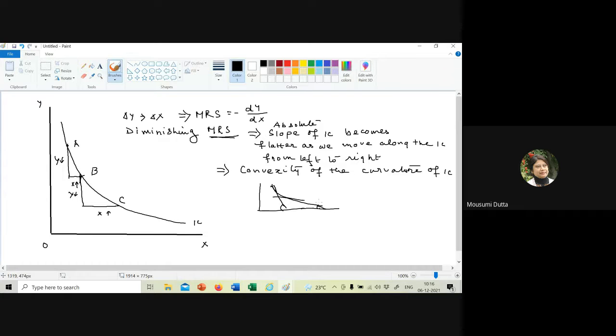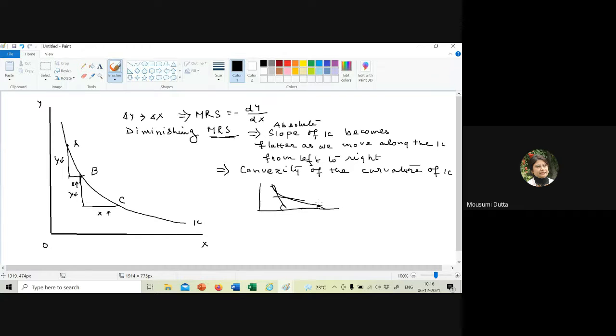However, there is a difference between A and B. At A, we consume more of Y and less of X, whereas at B, I'm consuming less of Y and more of X compared to A. However, still I am on the same indifference curve.